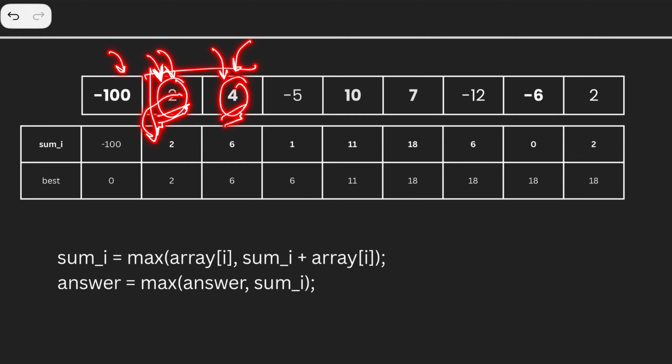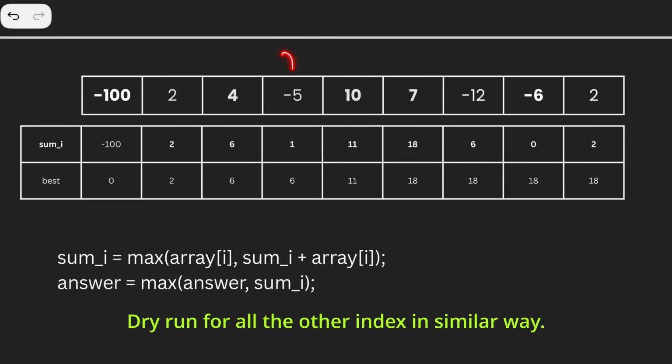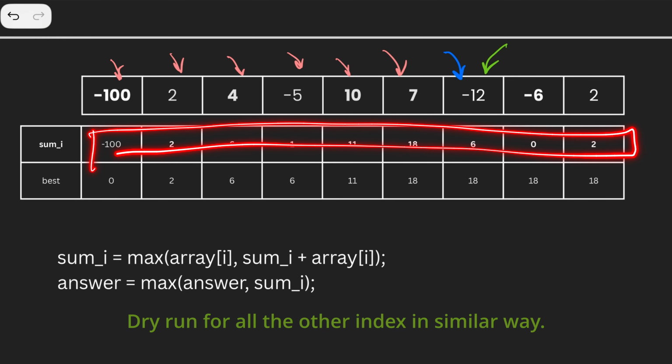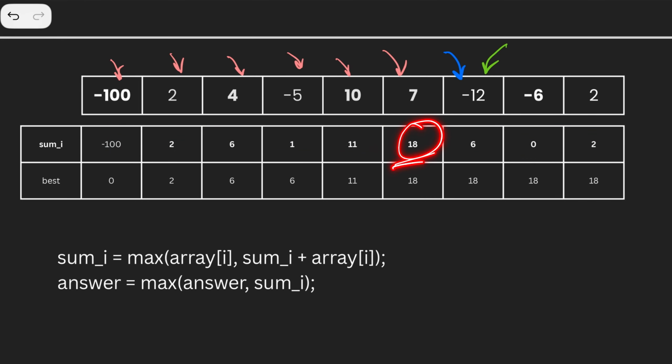So okay, we start from here and we check. We have 2 plus 4, 6, which is better than starting from here. Now you try to do this for all the other indices. Now if you look at all possible sum I values, this 18 is the max. And that's what our answer is.